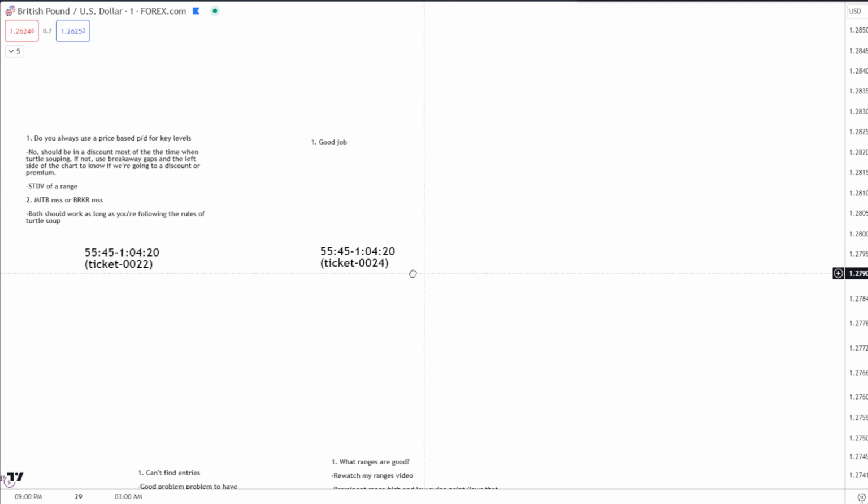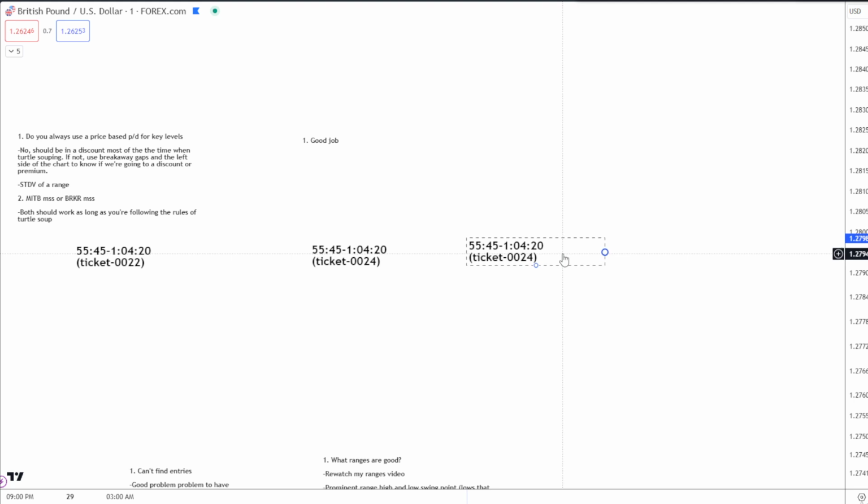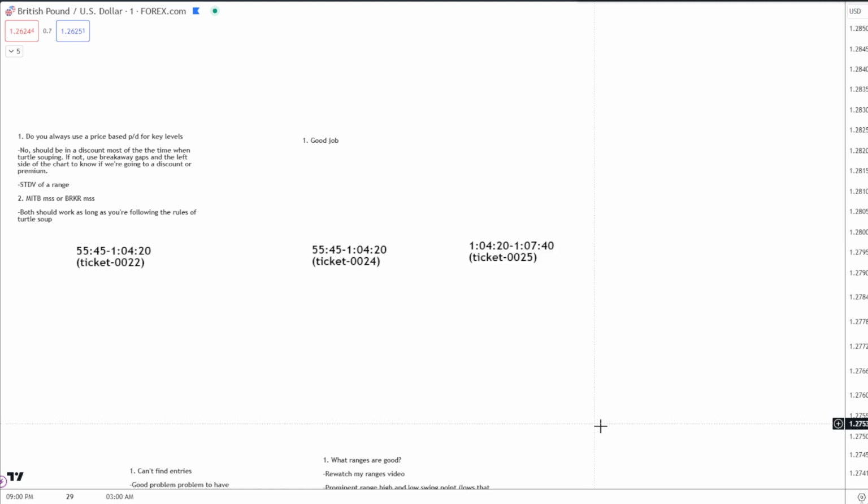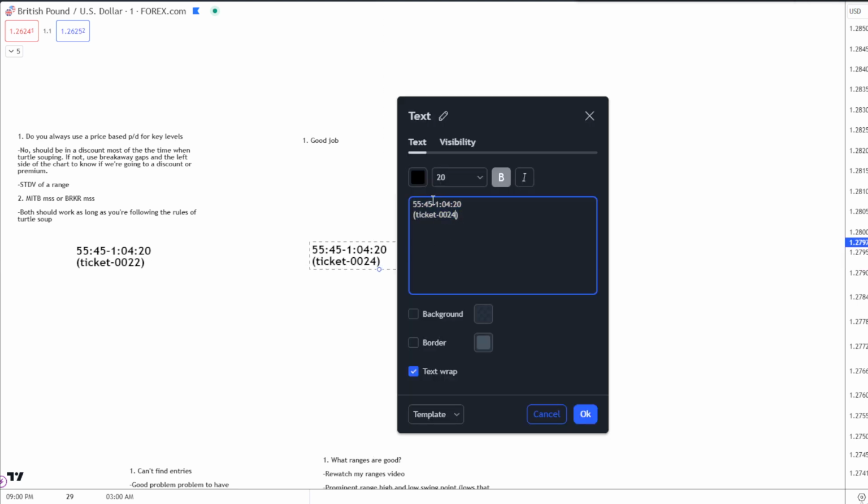Ticket 25. From 1 hour, 0420 to 107.40. Wait, I got this mixed up.